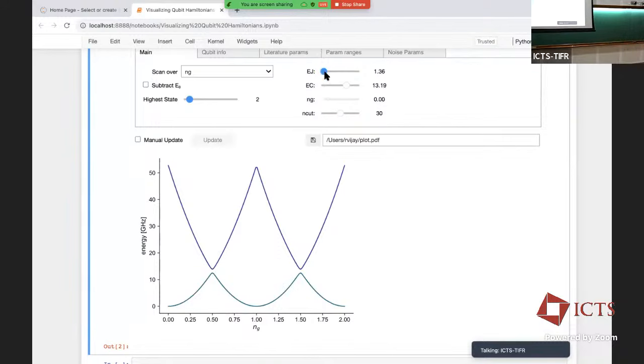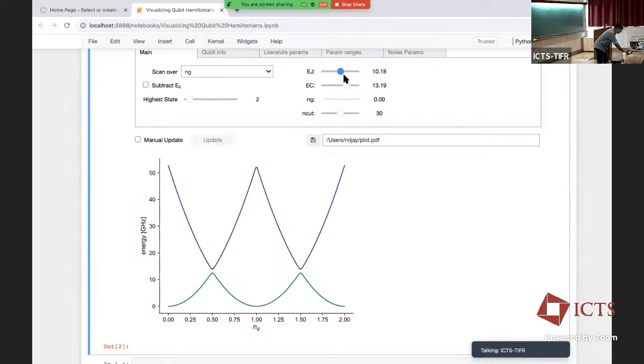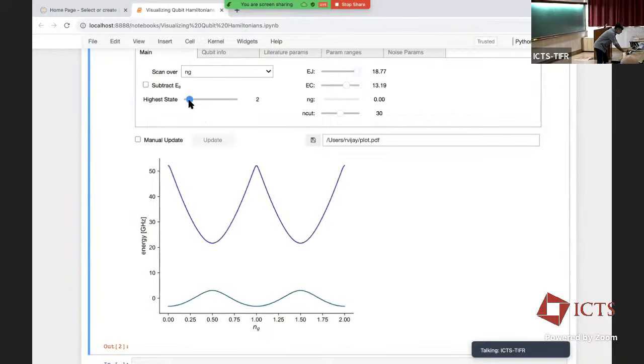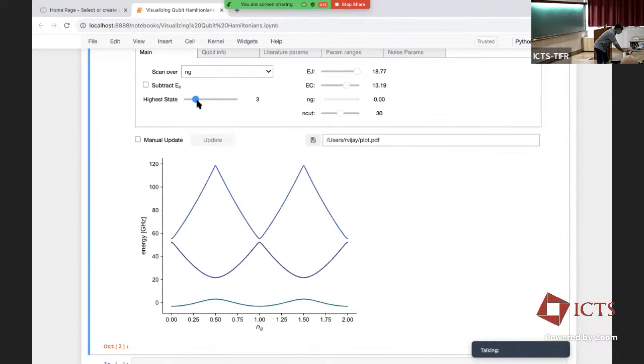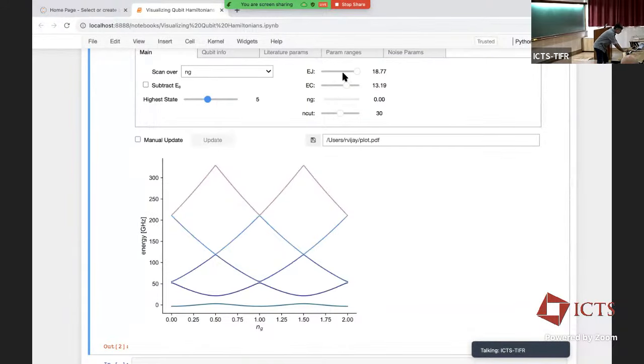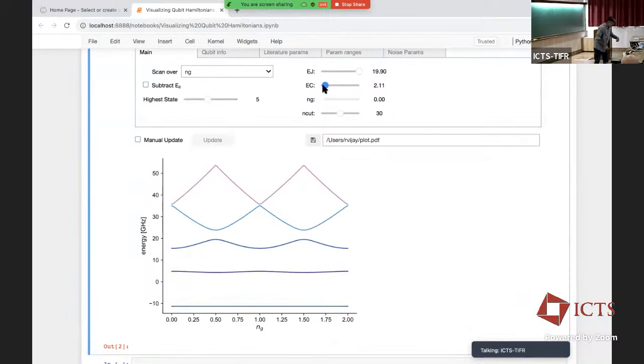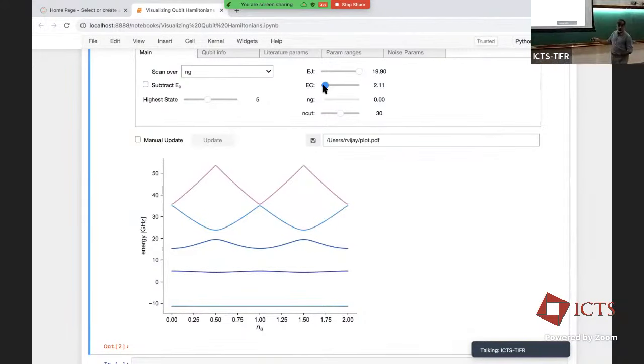And if you now keep increasing this, if I add some more levels here, let me go to very small EC and very large EJ. You can see that as I increase EJ and reduce EC, these levels start to flatten out, right? So they become less and less charge dependent.